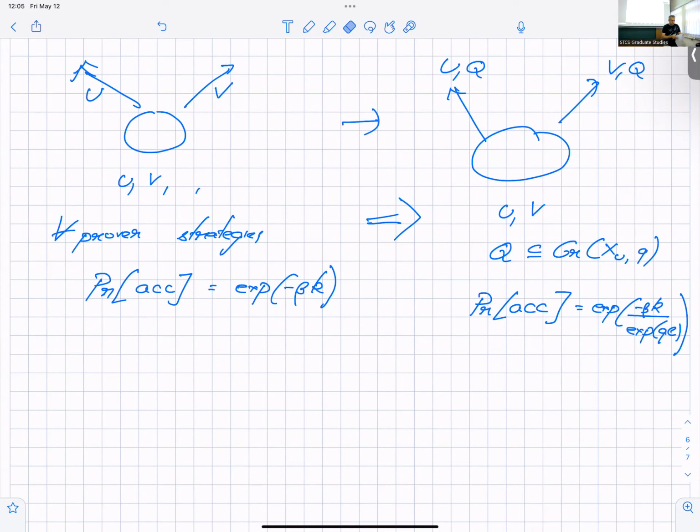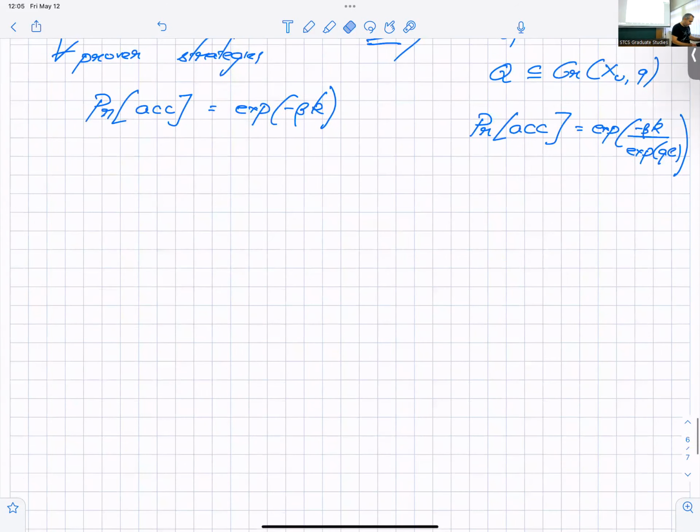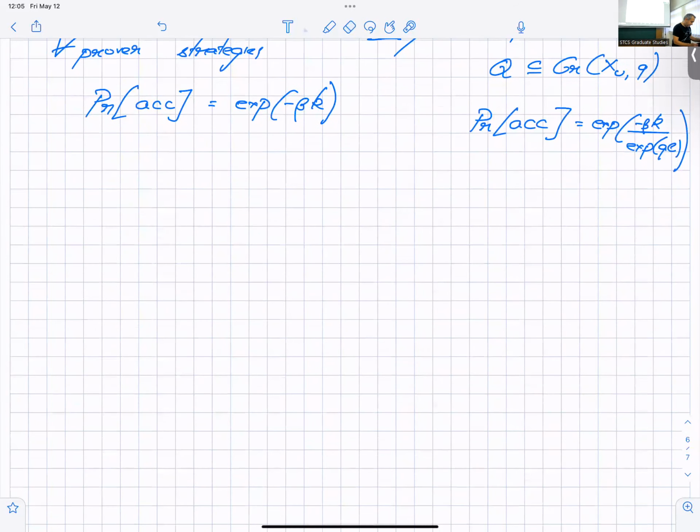So they will prove the following. They construct a Q list, a Q list of W's.